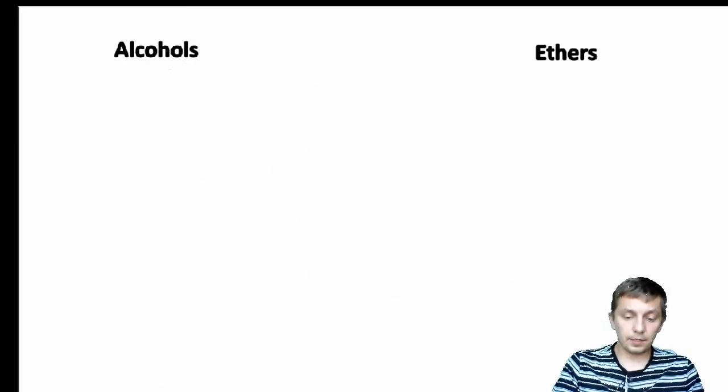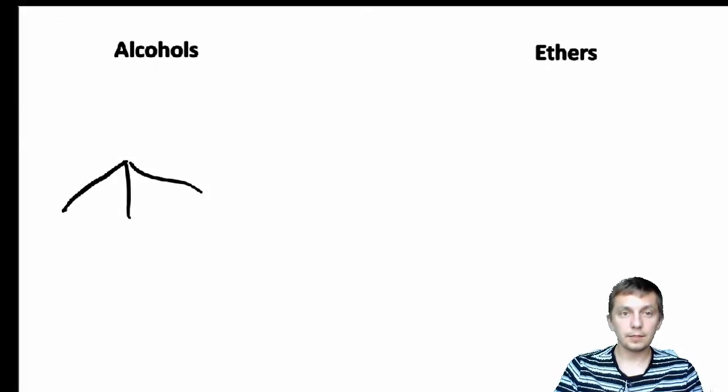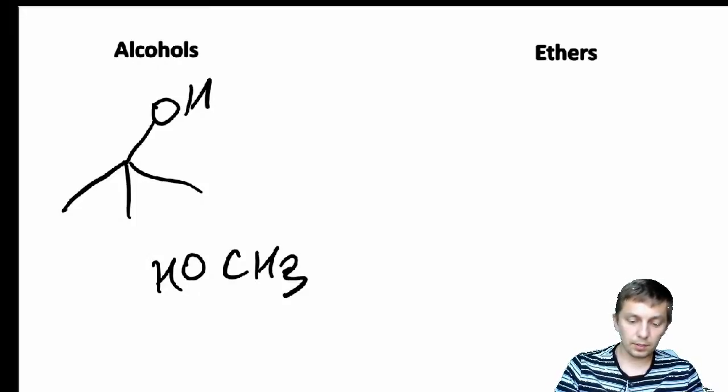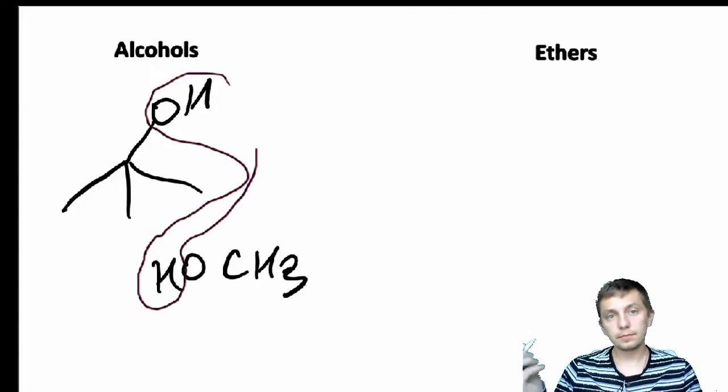Another example: if we have 2-methyl propanol and methanol, CH3OH, they can also lose water and form a new ester.